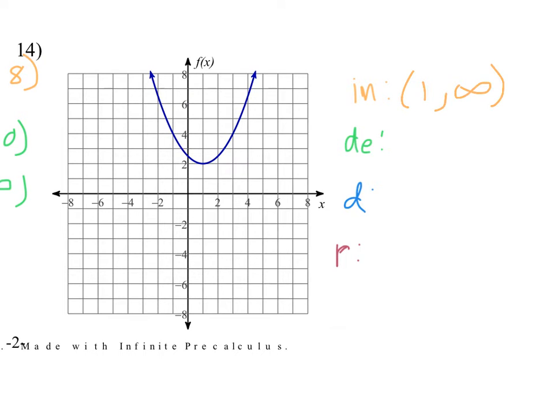Awesome, 1 to infinity. And then what's our interval for decreasing? -infinity to 1. Perfect, -infinity to 1.